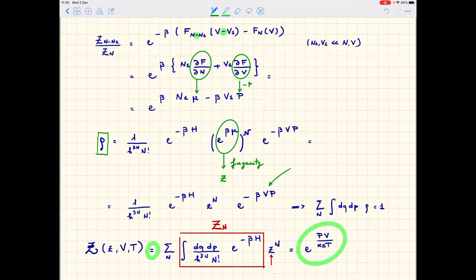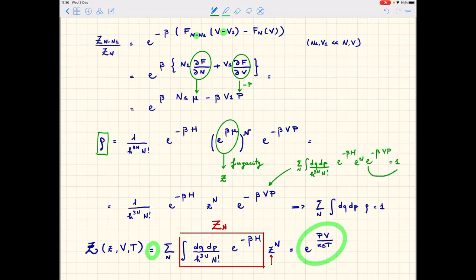And now rho is normalized to 1, which means that the sum over n, integral dq dp over h to the 3n and factorial, e to the minus beta h, zn, e to the minus beta vp, is equal to 1.